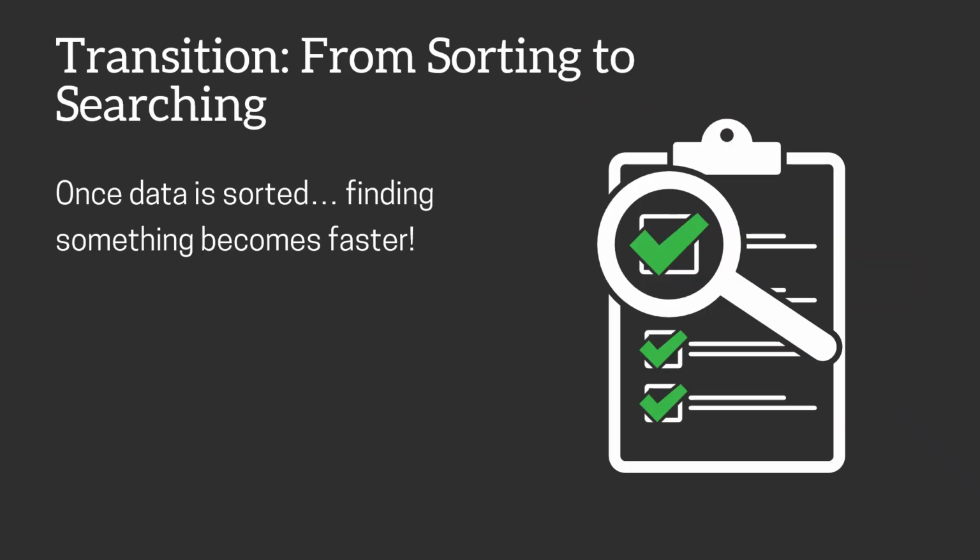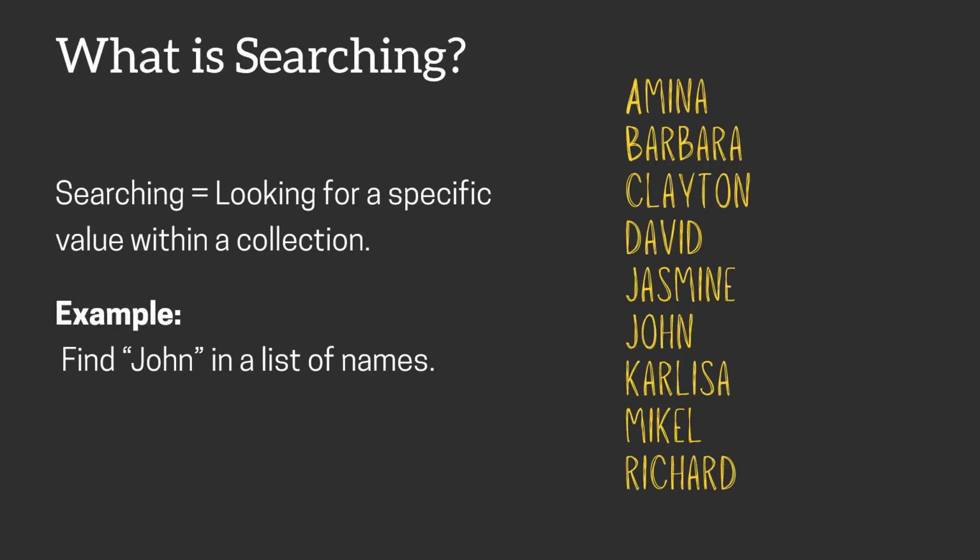Now, once your data is sorted, the next natural step is to search for something specific. So sorting, remember, organizes your data. Searching helps you find what you need quickly within the organized structure. Searching means looking for a specific value in a list or collection.